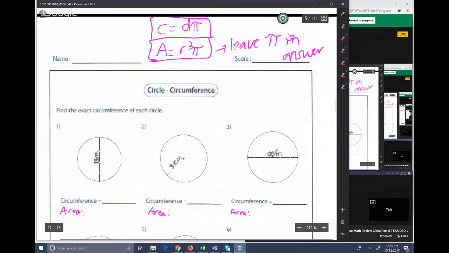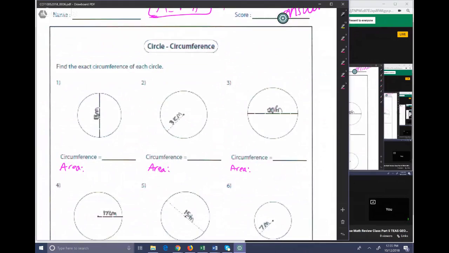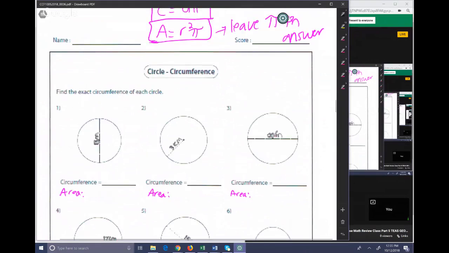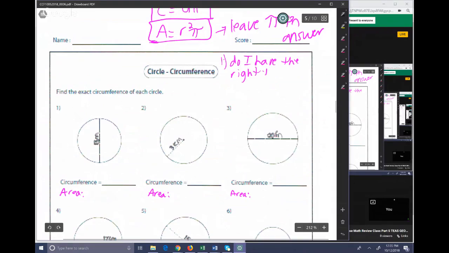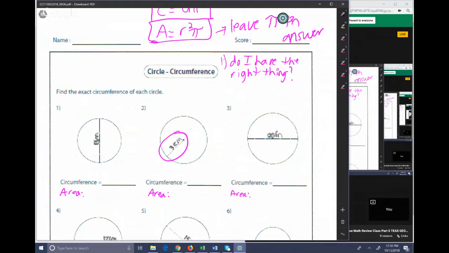Very important, when you go to do a circumference or an area, you always want to start by assessing, do I have the right thing? And what I mean by that is, if I'm trying to find a circumference, I want the diameter to be in front of me. Sometimes that's not what I have, I have the radius. You always have both pieces of information, because knowing the radius allows you to know the diameter and vice versa.